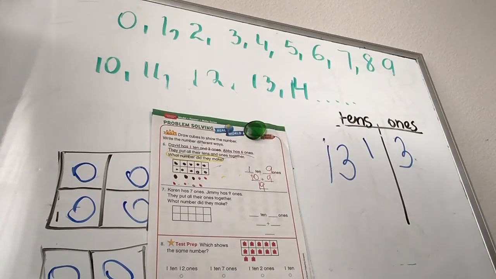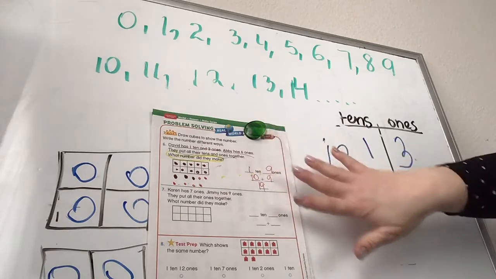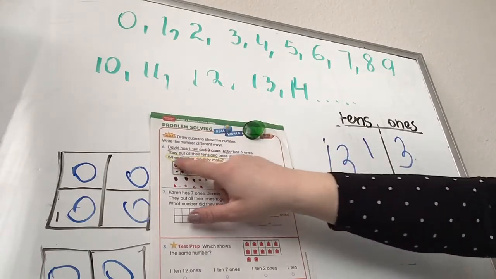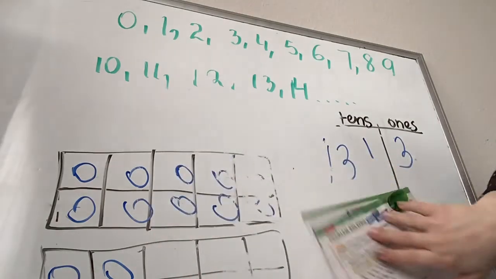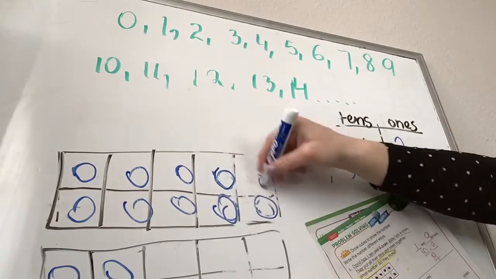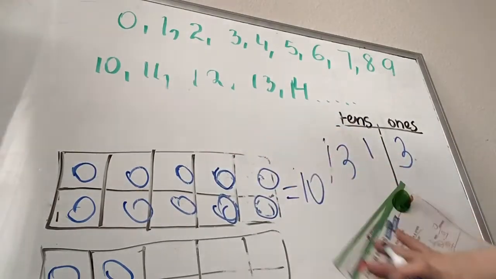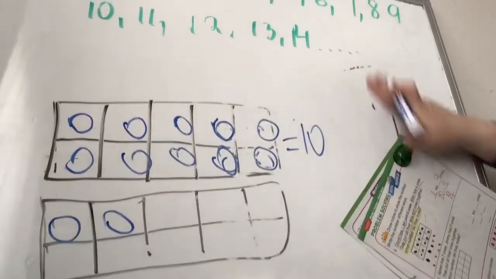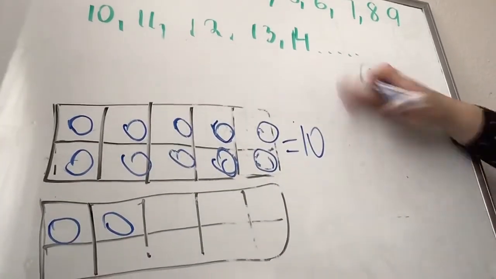Again, I'm working with my 10 frame, right? And I'm filling my 10 frame. I will always have 10 if this is filled. It will always have number 10. It will represent number 10. If this is not filled, Mrs. K is messy, I'm sorry. I don't have a lot of space on my board.